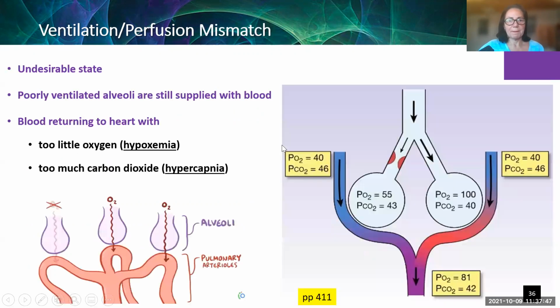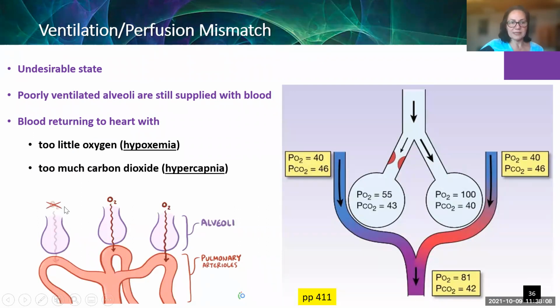Okay, so with a ventilation perfusion mismatch, that constriction doesn't happen. This is an undesirable state. We have a poorly ventilated alveolus or multiple alveoli, but they're still supplied with blood. So before I get to the rest of this, let's take a look at this diagram.